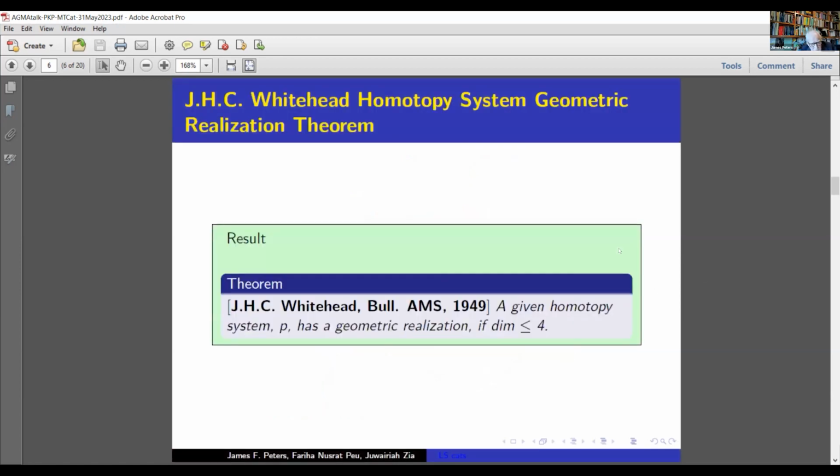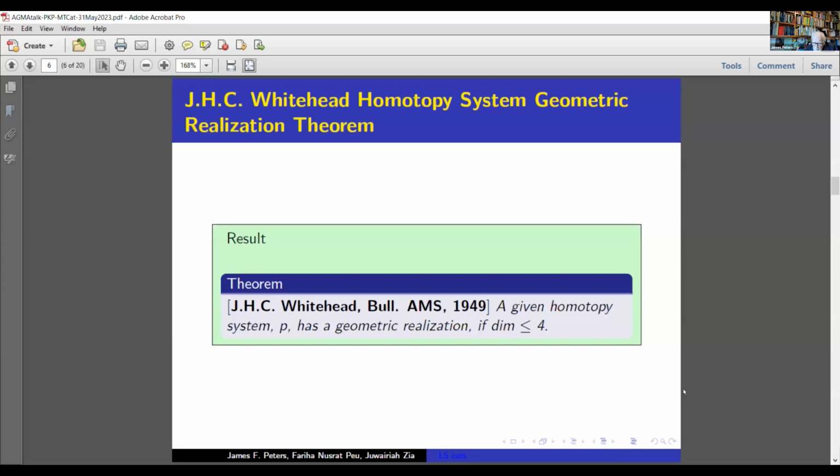And this is a theorem from Whitehead, 1949, and it's an extraordinary theorem in its simplicity and its reach, namely that a given homotopy system, such as the ones in the previous slide, each one has a geometric realization if the dimension of the systems is less than or equal to 4.